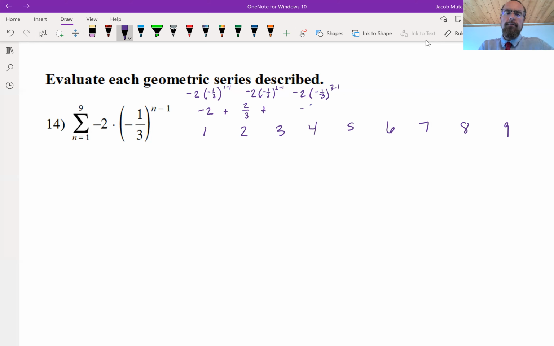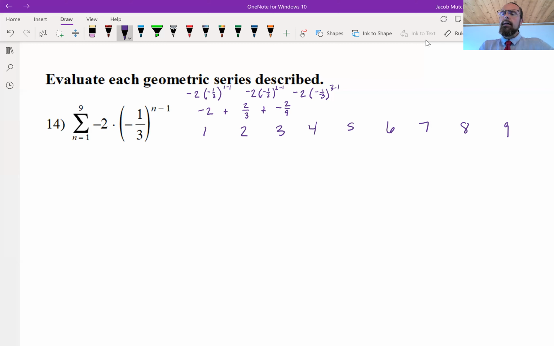That's going to be -2 over 9. And so I do see that oscillation. The first term's negative, second's positive. I wrote the third term in the fourth term place. Third term would be negative. And we should see that switching, that oscillation back and forth all the way through the series.